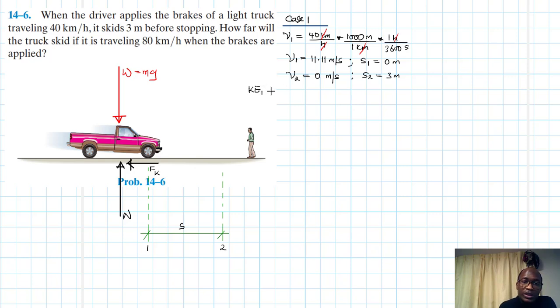With this information, we want to use the equation KE1, which is the initial kinetic energy, plus the total work from 1 to 2, is equal to KE2.